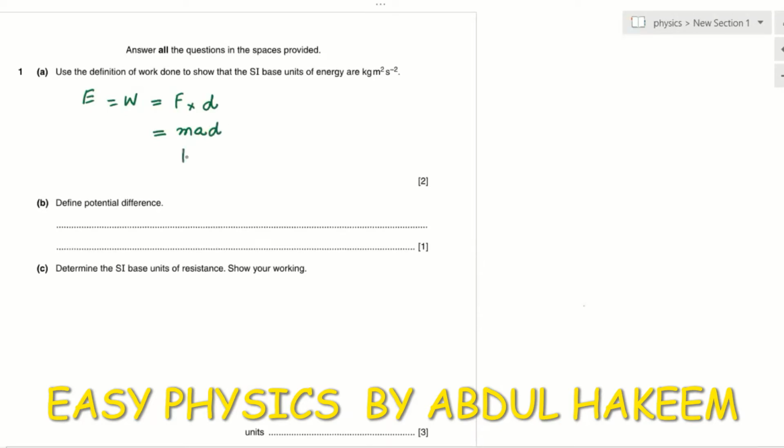Now the mass is measured in kilogram, acceleration in meter per second squared, and the distance in meter, so the final unit is kilogram meter squared second to the power minus 2, hence it is proved. So we have to write these 3 lines.